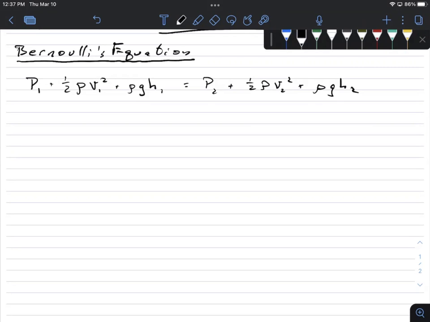However, what we found was we need something else to help us, because a lot of times we will be given a problem that says, oh, the pipe constricts to some new size. And because of this constriction, how will the pressure change? Well, there's nothing in this equation that's staring at us that tells us anything about the size of the pipe. So how can we use this information?